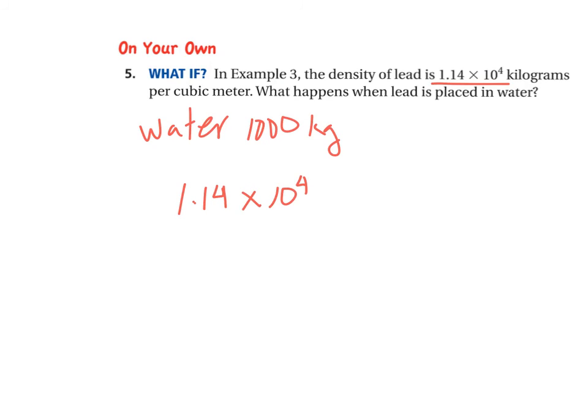So I'm going to grab that decimal and move it to the right 4 times. So 1, 1, 4, that's 2, 3, 4. So you can see here that it is 11,400. So what happens? The lead is definitely going to sink. Good. Let's do the last on your own.